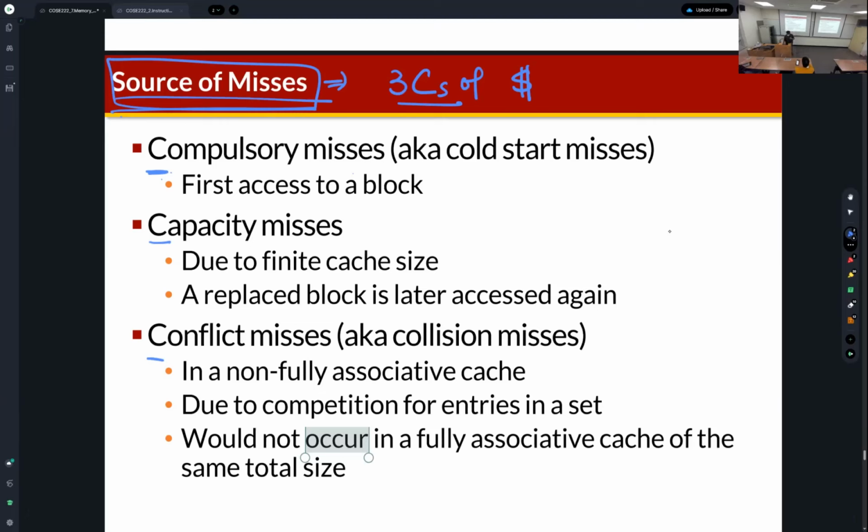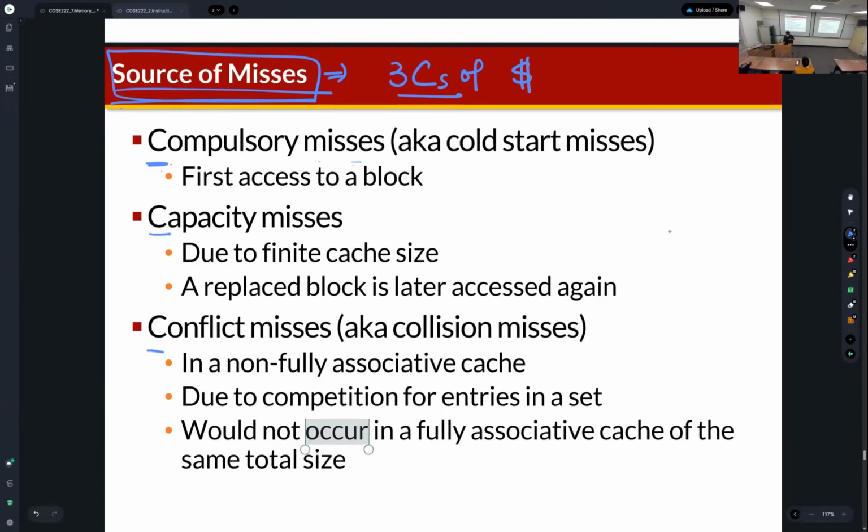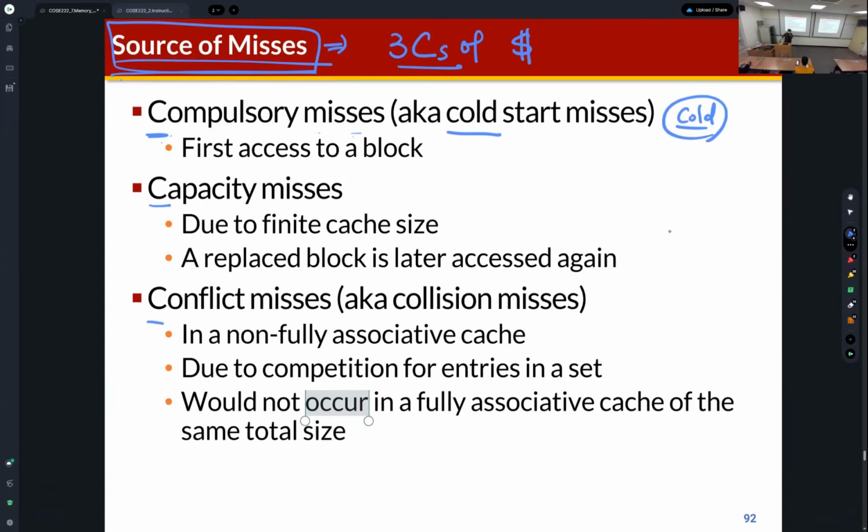The first kind of miss is called the compulsory miss, also called cold miss. This kind of miss is obvious because initially the cache is empty, right? The cache does not have any data if the data has not been requested by the processor. So if the data is requested for the first time, this request always misses, because there is no data.